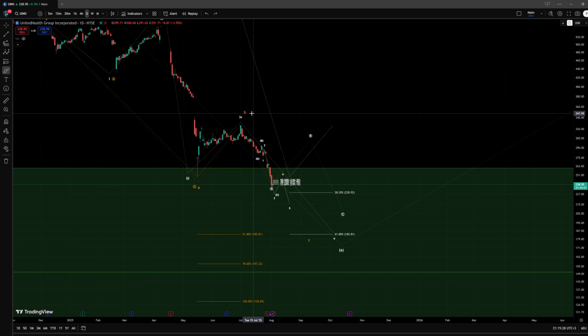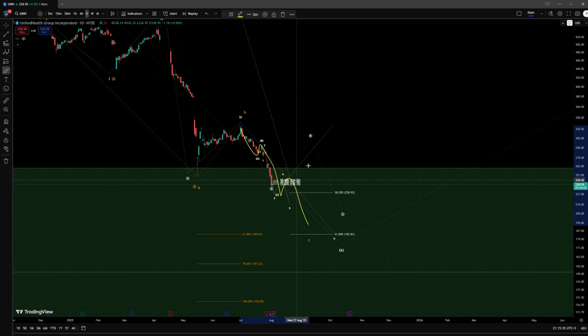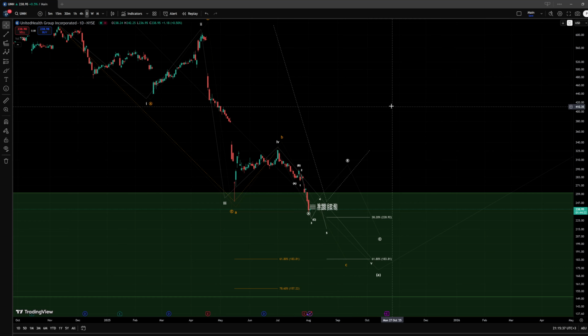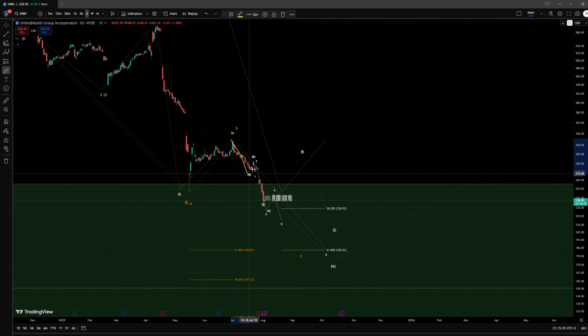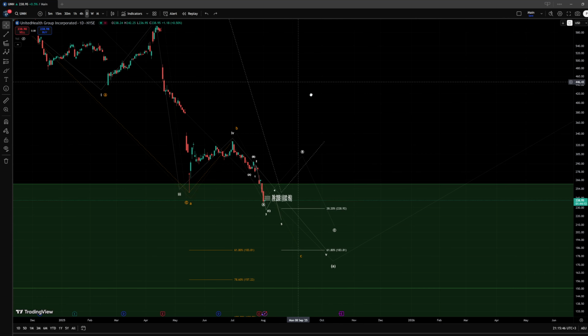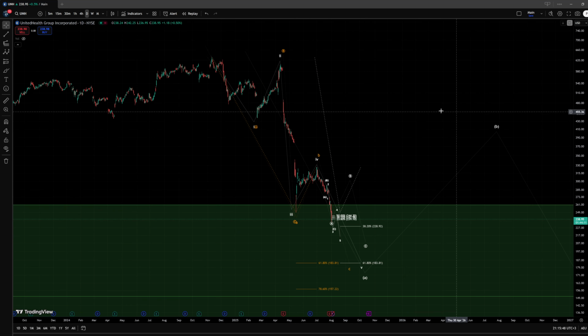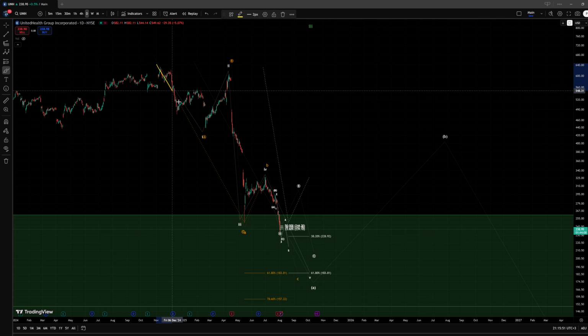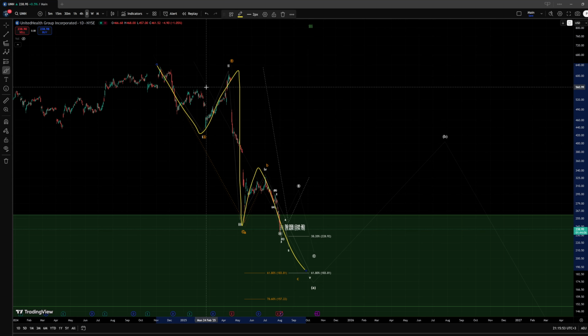And that is because in the orange scenario I would expect a 5-wave move to the downside here, and in the white scenario I would actually expect a 3-wave move in an ABC pattern, maybe like this, maybe a larger ABC that would complete the fifth wave, because the white 5-wave move to the downside here, 1, 2, 3, 4, 5, is a diagonal pattern, and all of the subwaves of this 5-wave move are ABC structures.